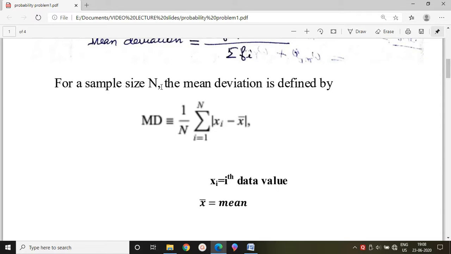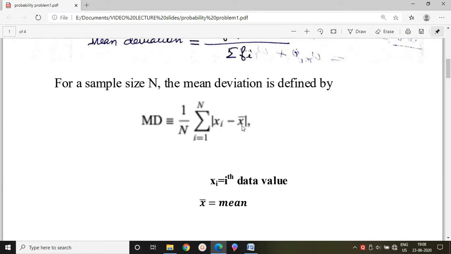Then your mean deviation is 1 by N, sum over i from 1 to N, of the absolute value of xi minus x bar. xi is your ith data value, x bar is the mean of all those data.